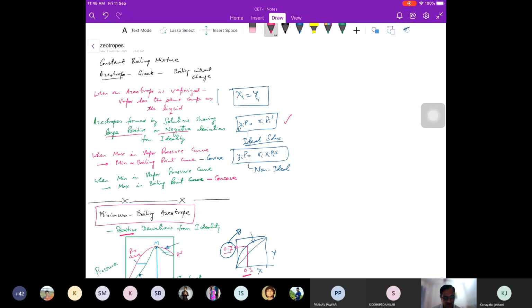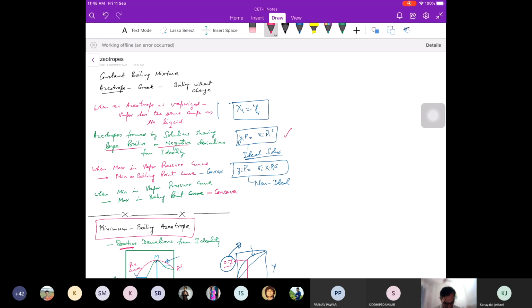So partial pressure is equal to xi pis. But if we measure the actual partial pressure and it is more than the value given by this equation, then it is positive deviation from ideal. If it is more, it is positive. And negative deviations means the actual partial pressure is less than the value given by this equation. Is this understood?